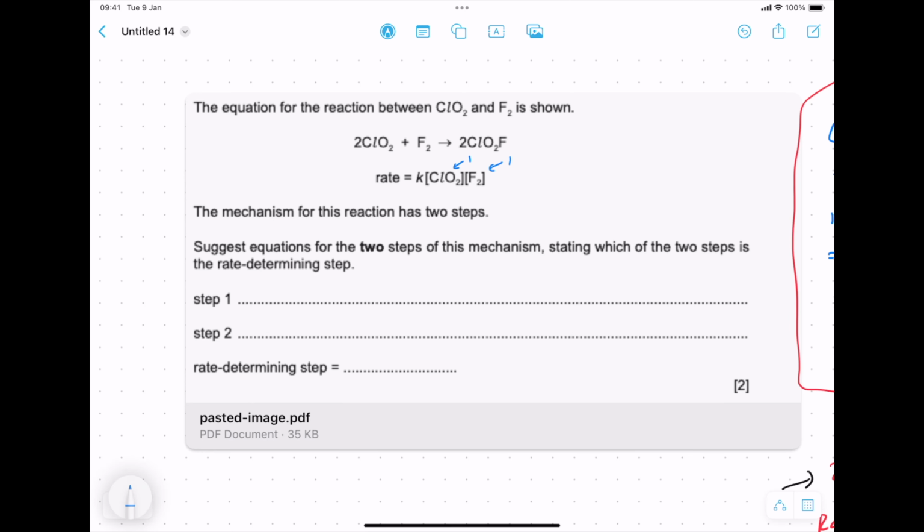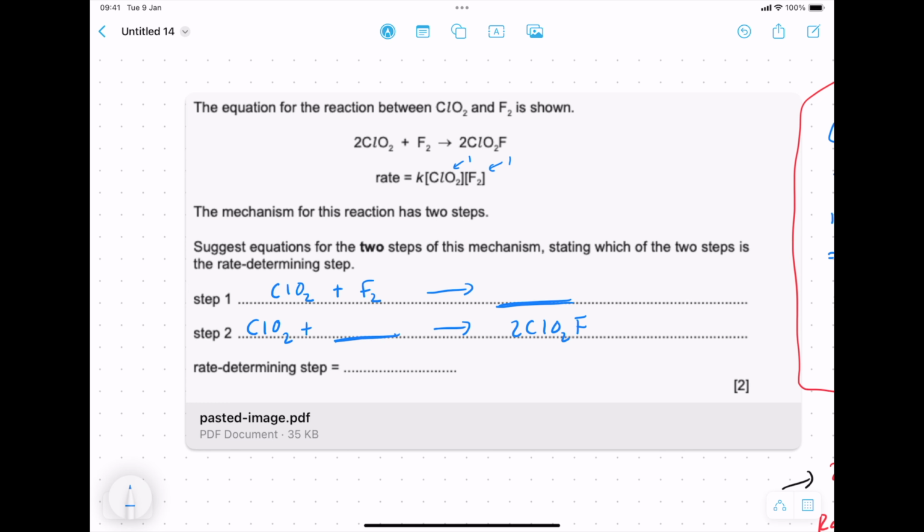For step 1, we'll do ClO2 plus F2. We'll take this as the rate determinant step. They're going to react together to produce something. Let's leave that blank for the moment. Then in the second step, what I've got left over is another ClO2, which has to react with that intermediate, that blank, to produce our products, 2ClO2F.